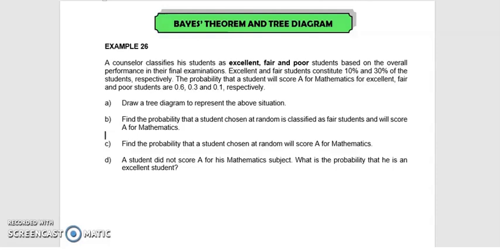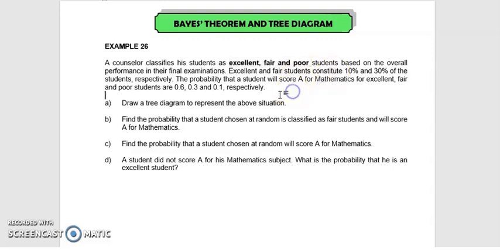Okay, now what are the two events? First here you have students who are excellent, fair, and poor. So this is the outcomes from the student. Excellent, fair, and poor student, we can classify as student status. It can be anything as long as it is suitable for excellent, fair, and poor.